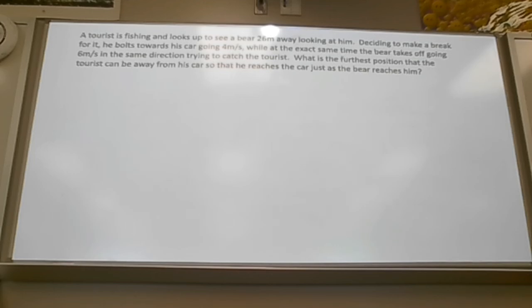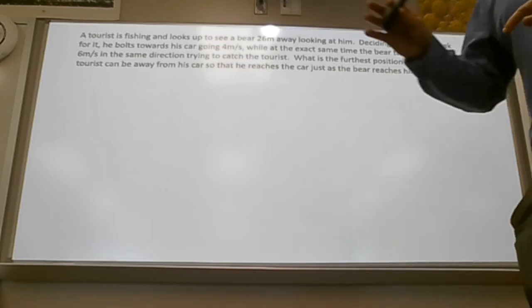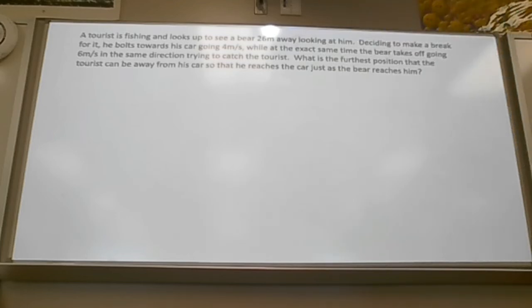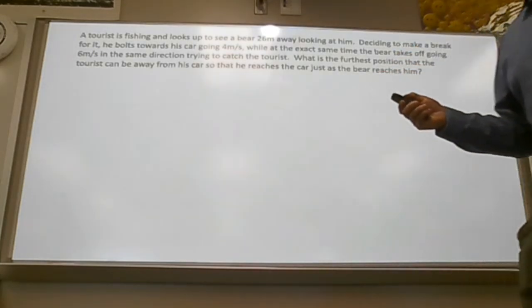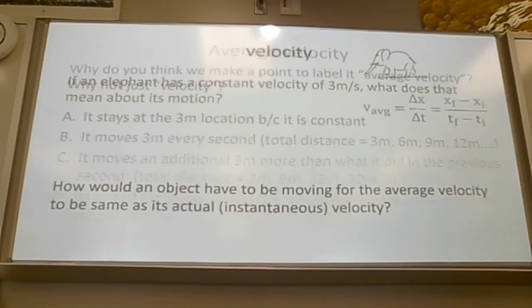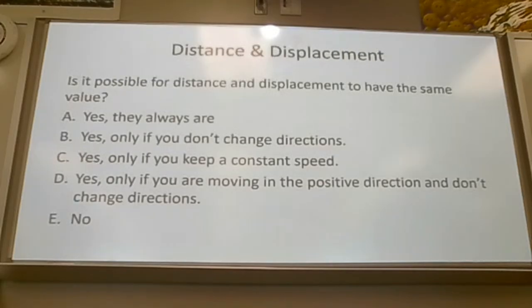Okay. All right, real quick. Notice I did not specify which way is the positive direction. So my recommendation would be make the way they're moving positive. That way they're not changing directions.